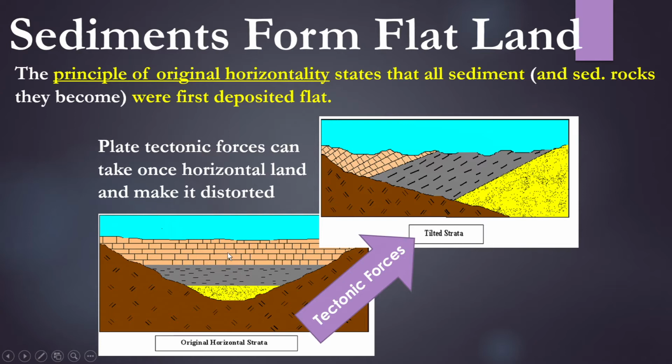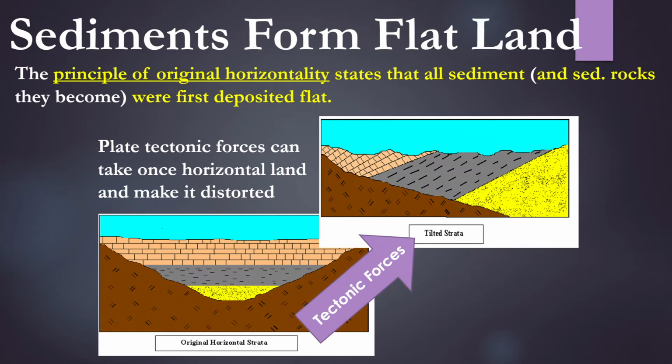And a big reason why that's true is because of another principle, the principle of original horizontality, that all sediments, and eventually when those sediments become rocks, are first deposited flat. So for the most part, if you're seeing flat sedimentary rocks, unless there's something else going on, that's how they were first deposited.